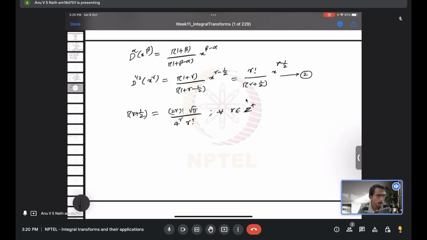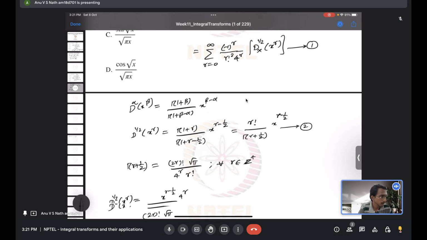So we substitute this gamma of r plus half expression in equation 2. We will get D half of x to the r is r factorial x to the r minus half divided by 2r factorial root pi, then 4 to the r; one r factorial will get cancelled. So this is the expression of D to the half of x to the r.